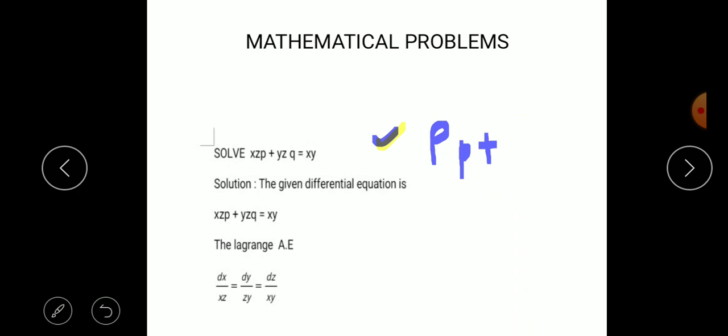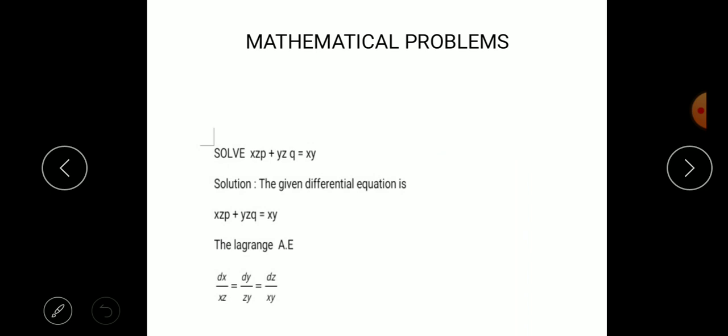Now the given differential equation, the auxiliary equation, which is also known as auxiliary equation of Lagrange's form.